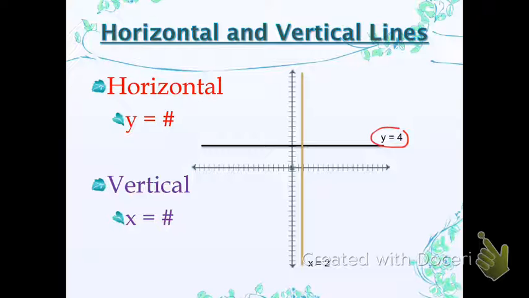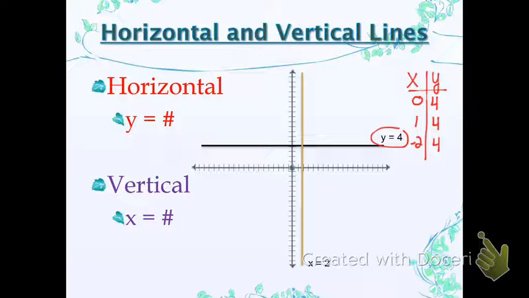So if I start with the equation y equals 4, and I try to make a table for that, there is no x in that equation. It just says y is 4. So that means in my table, no matter what x is, y is 4. And then I just pick a few random things for x because it doesn't matter what x is.